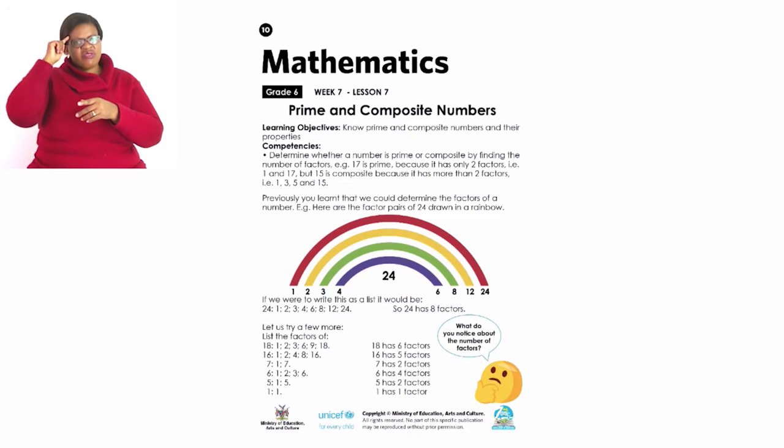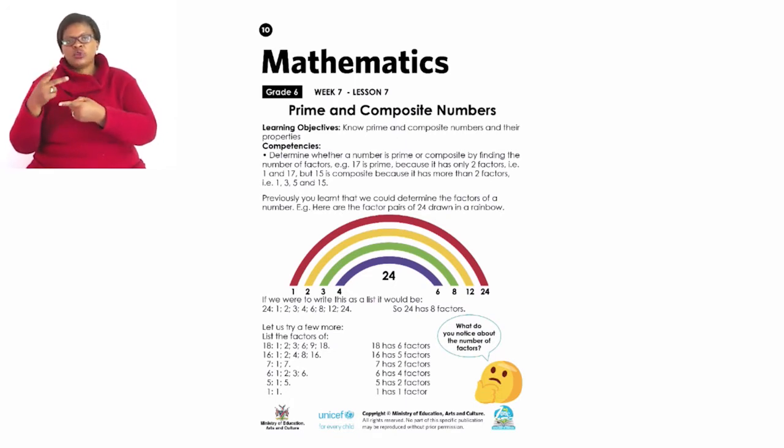And here are the factor pairs of 24 drawn in a rainbow. Now, if you can remember this work, if we have the number 24, for example, 1 and 24 will be factor pairs.